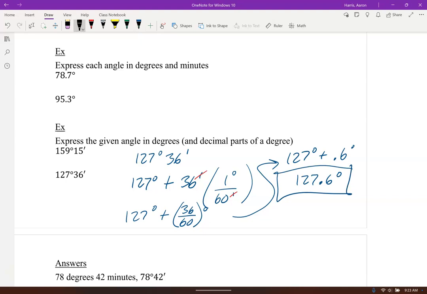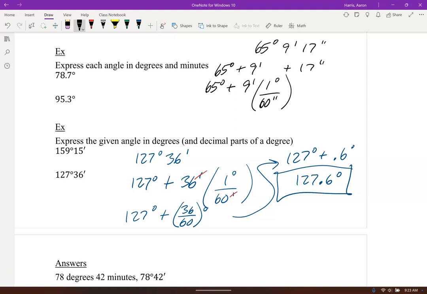I do have one more. Let me do one with 65 degrees, 9 minutes, 17 seconds. So let me do the seconds as well. We have 65 degrees plus 9 minutes, which we've got to convert to degrees, and 17 seconds, which we've also got to convert to degrees. So 65 degrees, okay. For 9 minutes, we know that for every 1 degree, there's 60 minutes. So we have 65 degrees plus 9/60 degrees.